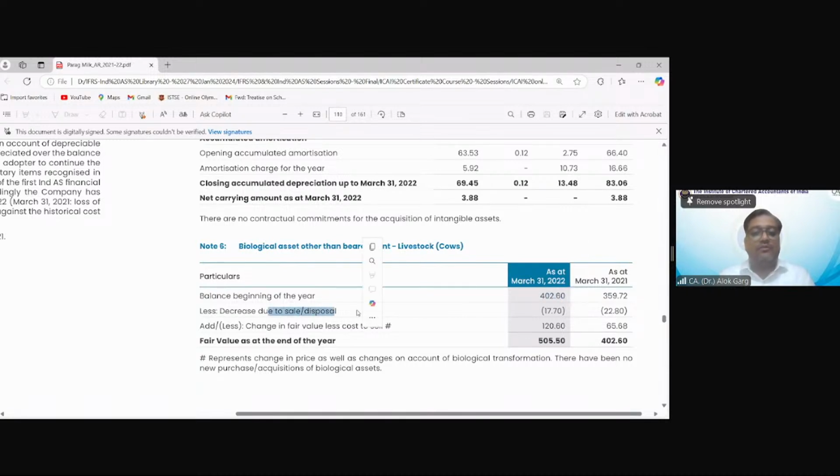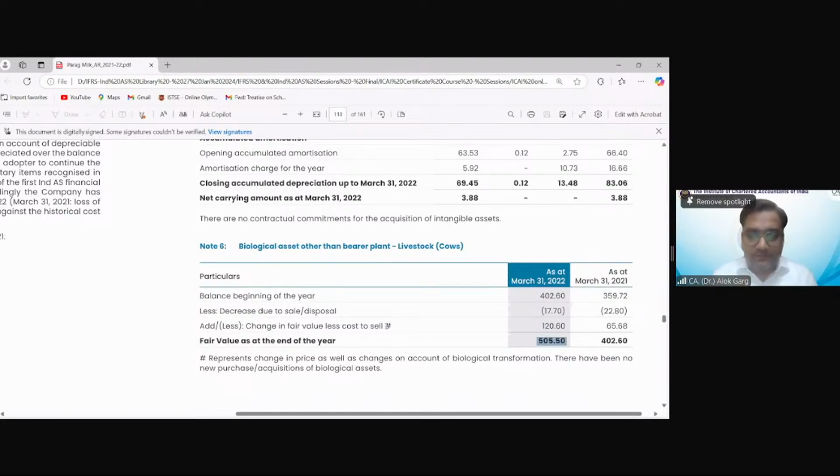Less decrease due to sale or disposal 17 million. Add or less change in fair value less cost to sell. Change in fair value less cost to sell 120 million, right? 120 million, 12 crore. Your 12 crore is the change in fair value less cost to sell. Okay. Your closing balance is 50 crores.